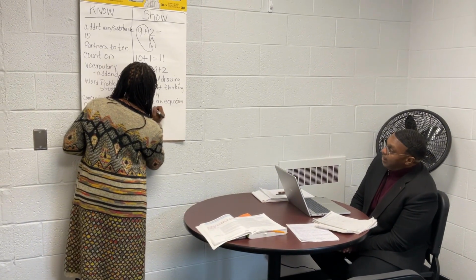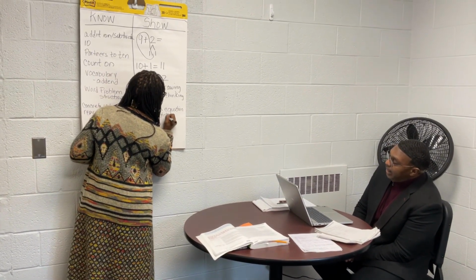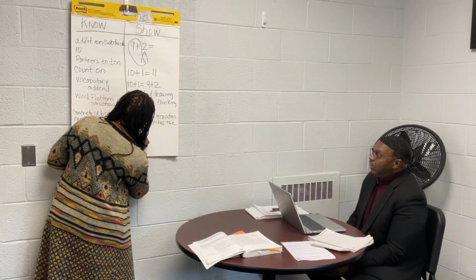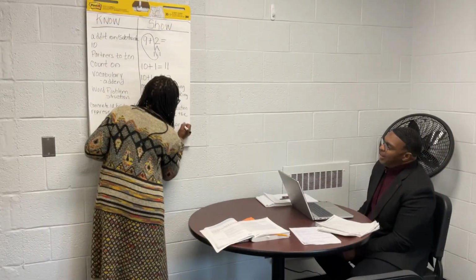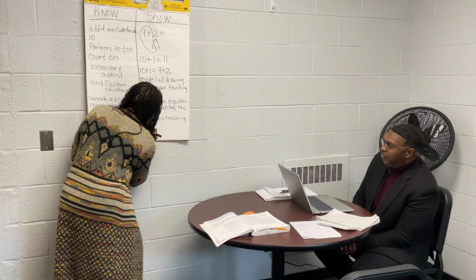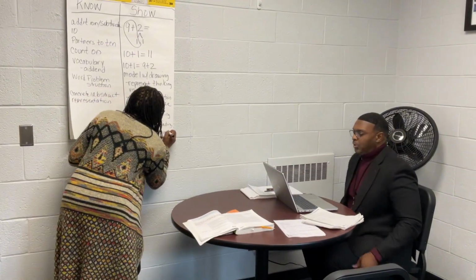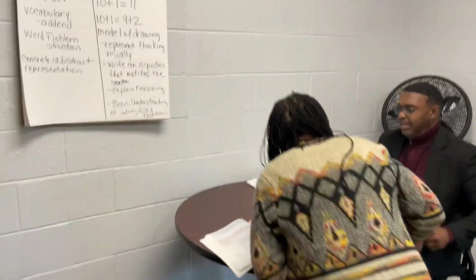And I would add the last thing, they need to be able to explain their reasoning, whether verbally or written. And I do want to add one more thing. They need to have a basic understanding of how to solve word problems. Okay, very good.